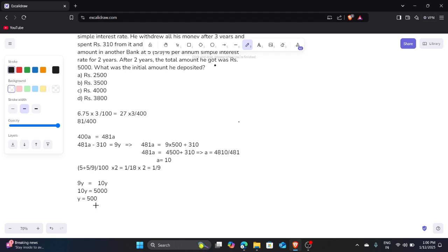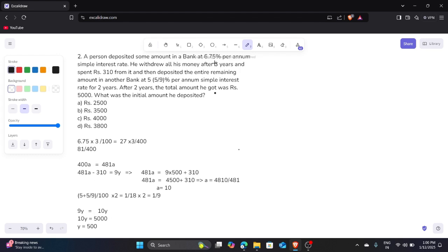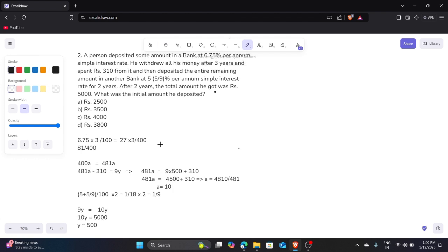Now back to our first condition. What they are telling is that after the first 3 years they get some amount, and from that amount they use 310, and then the remaining amount they use as the principal for the second time.